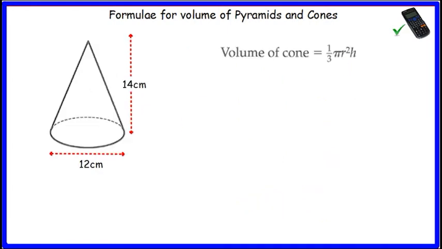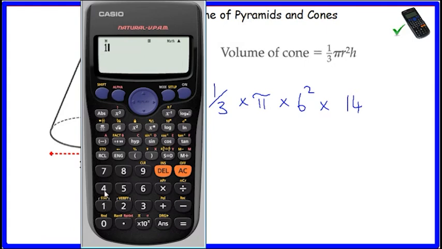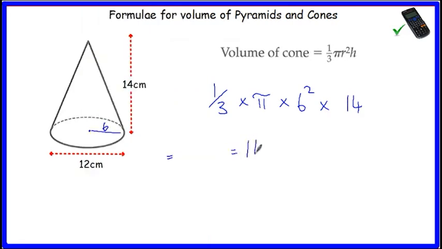And this one you're given, the volume of a cone is 1/3 of the area of the cross section times the height. I'm just going to type that directly in: 1/3 times pi times radius, which is 6, squared, times height, which is 14. 1/3 multiplied by pi, multiplied by 6 squared, multiplied by 14, and the answer will come up straight away, 168 pi centimeters cubed.